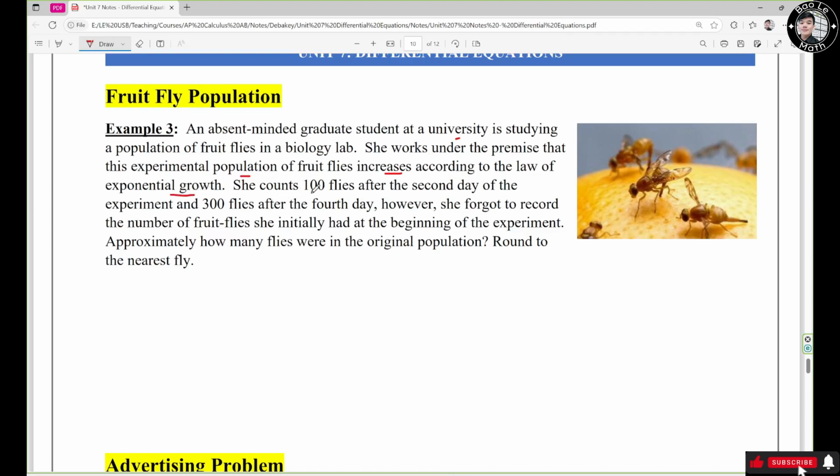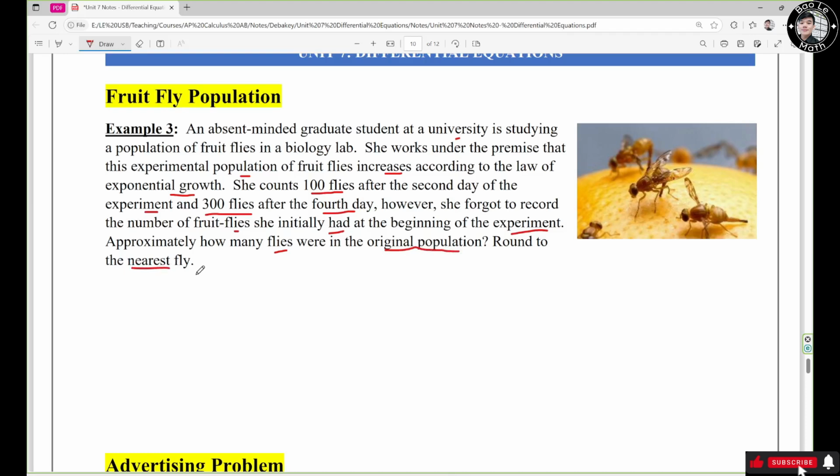She counts 100 flies after the second day of the experiment and 300 flies after the fourth day. However, she forgot to record the number of fruit flies she initially had at the beginning of the experiment. Approximately how many flies were in the original population, to the nearest fly?